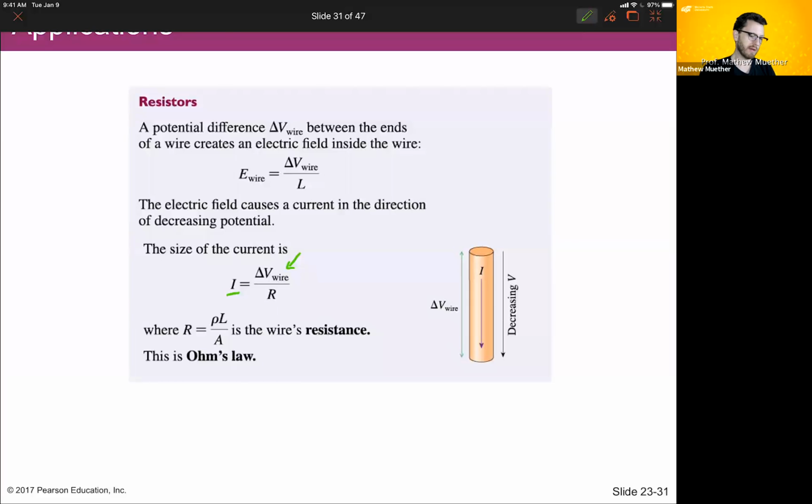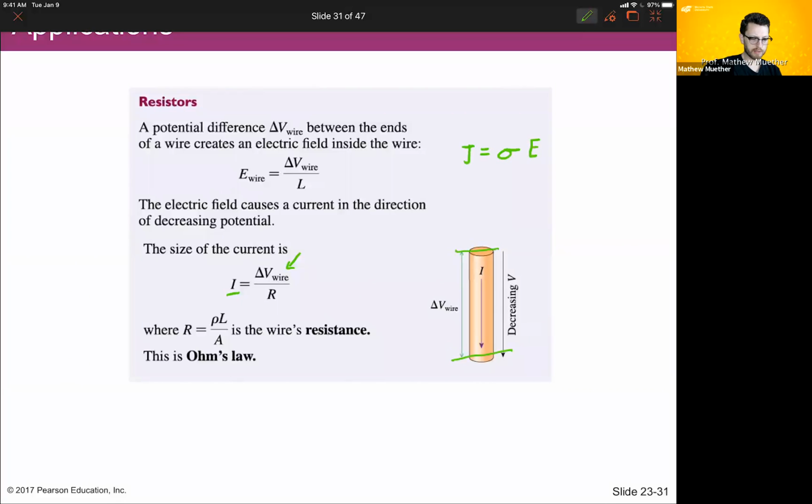So if I imagine a piece of conductor or a wire with some voltage difference across it, we want to know how much current is going to drive through it. Well, we just said that the current density is equal to the conductivity times the applied electric field.